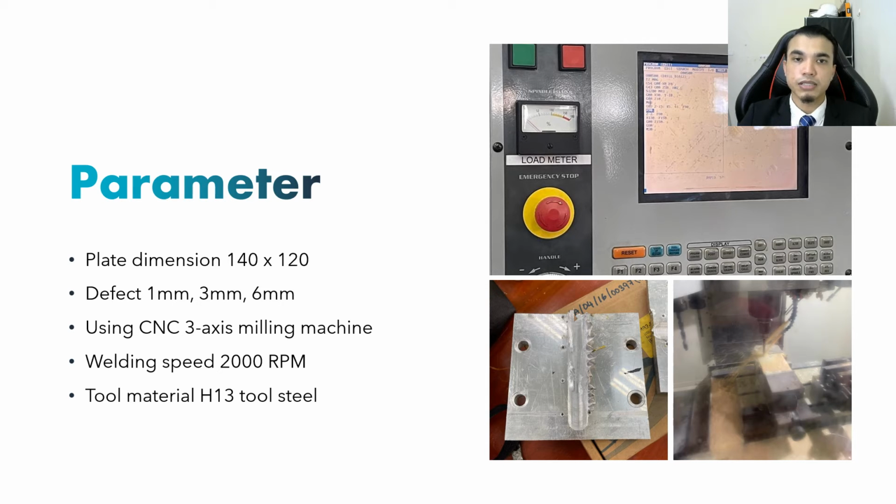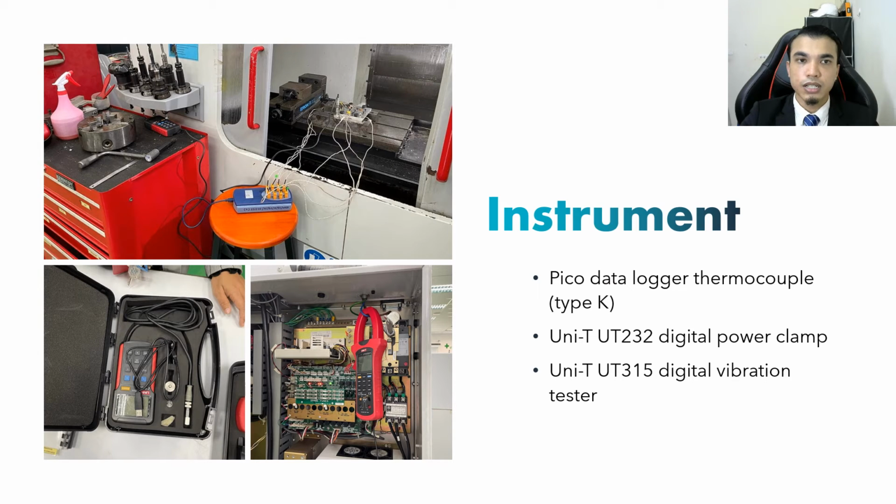This welding process uses a CNC 3-axis milling machine at 2000 RPM, and the material used in this project is H13 steel. The devices that I used to collect the data in this experiment are Pico Data Logger Thermocouple Type K for temperature, Unity UT232 Digital Power Clamp for electric current, and lastly Unity UT315 Digital Vibration Tester for vibration.